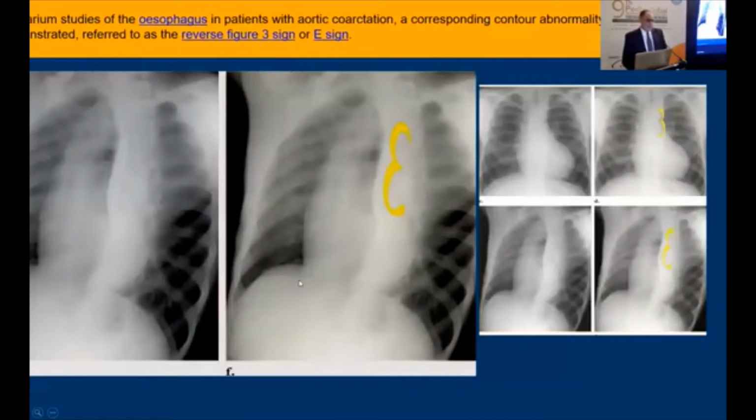And in the barium swallow study, we can see this reverse 3 sign, which also represents the indentation of the aortic arch upon the upper portion of the esophagus.